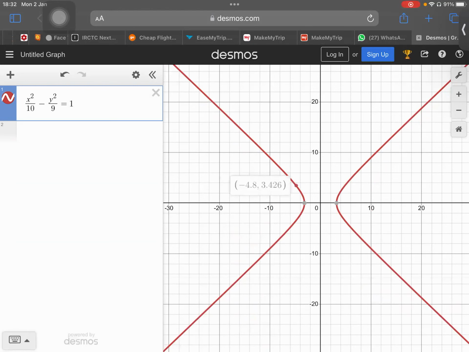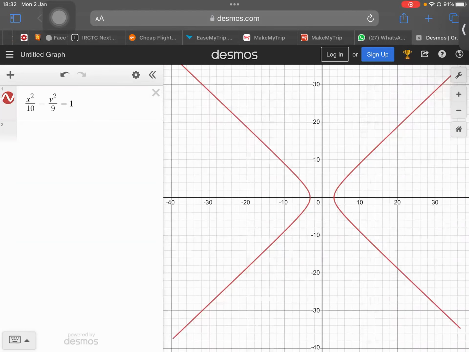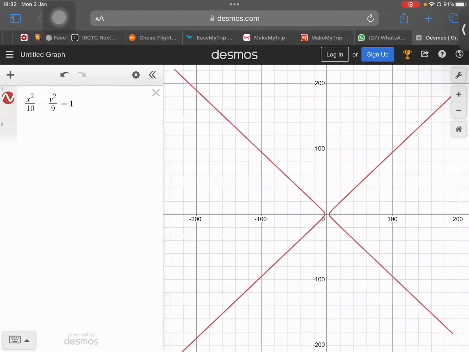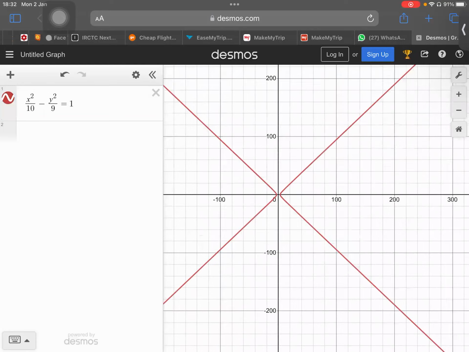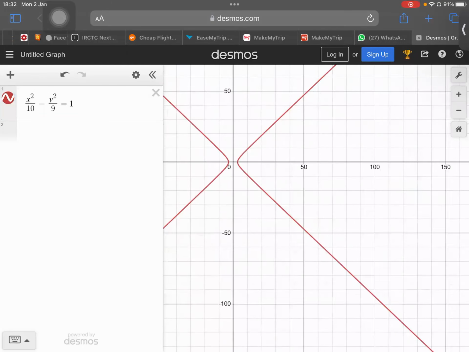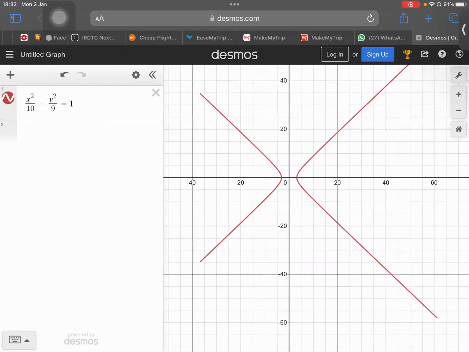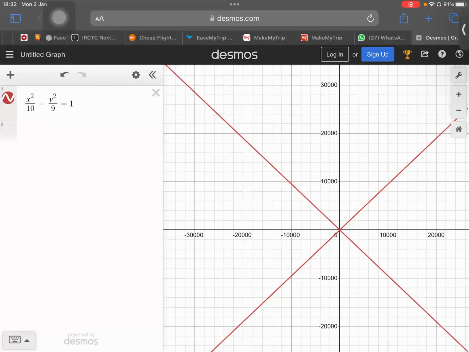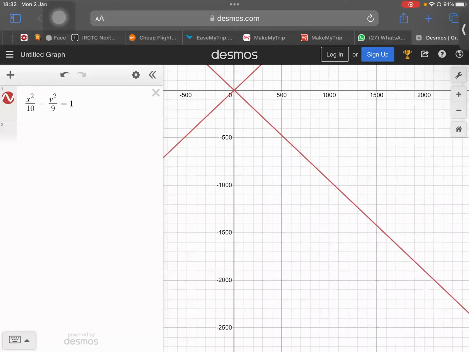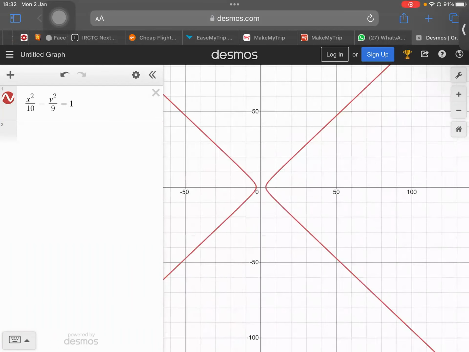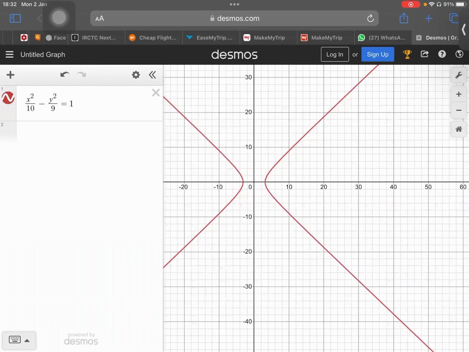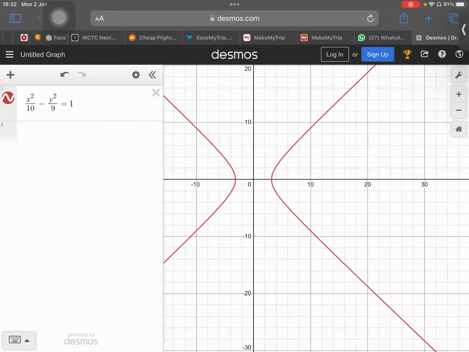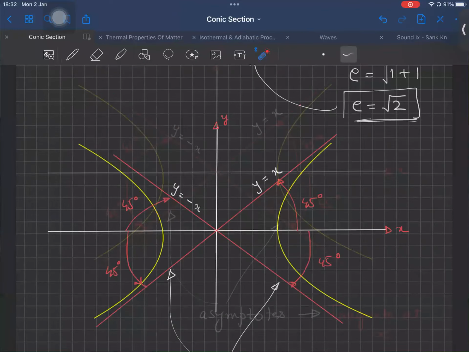See, this is the hyperbola. How will it look? This is the equation of a hyperbola. How does it look? It looks like a straight line if you zoom out, right? But it's a hyperbola, which you can see only at this point. How the hyperbola will look depends upon the values of the constants a and b. Got it? Understood?